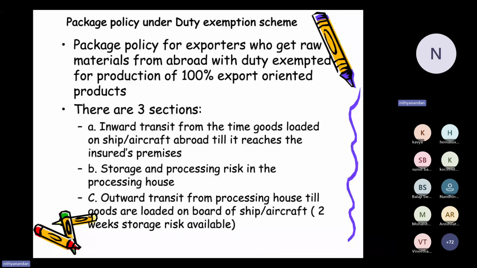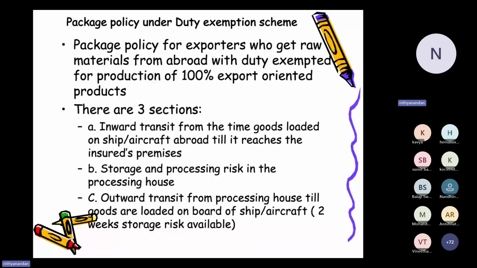Okay, next policy is the package policy under the duty exemption scheme. First, you should understand to whom we are issuing these policies. There are certain industries where the goods are manufactured for 100% export. In these cases, the buyer abroad will give the raw material.